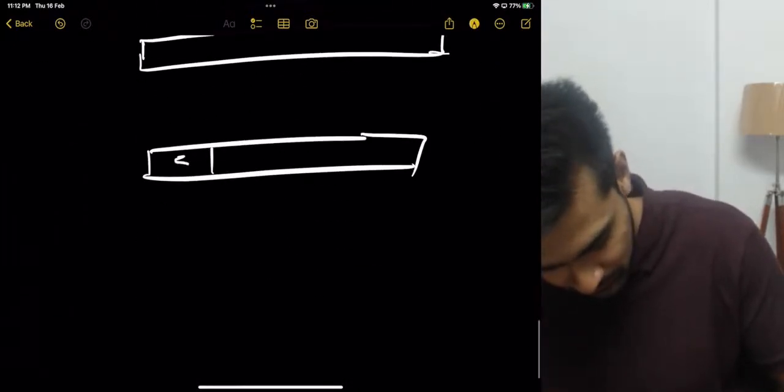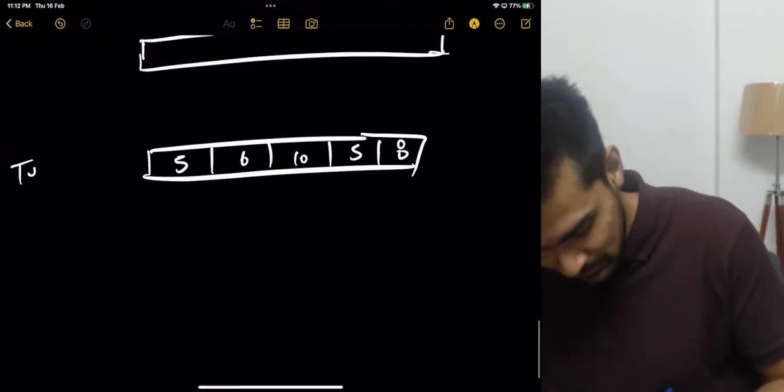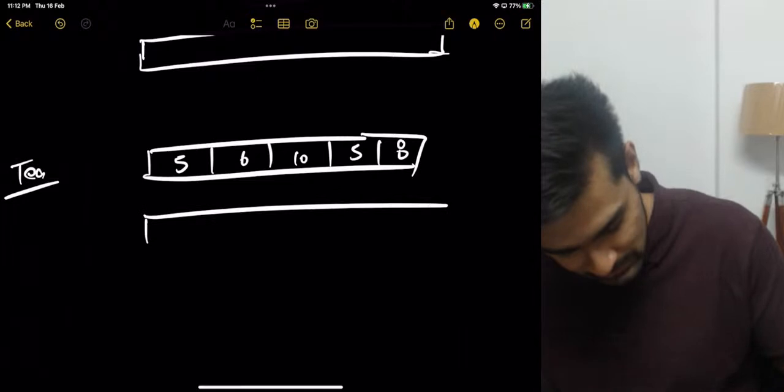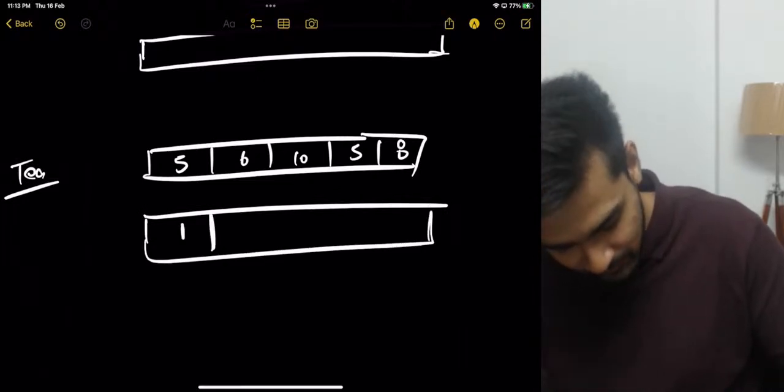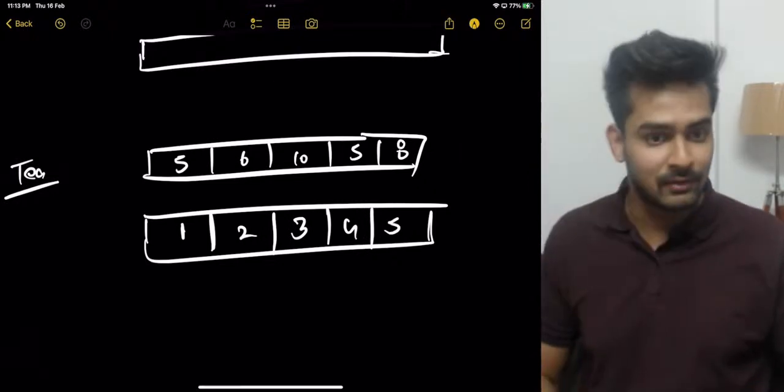We have 5, 6, 10, 5, 8. These are Ts. Okay, and then for tasters, the first person can take 1, the second can take 2, 3, 4, and 5. These are just some random values I have taken in order.